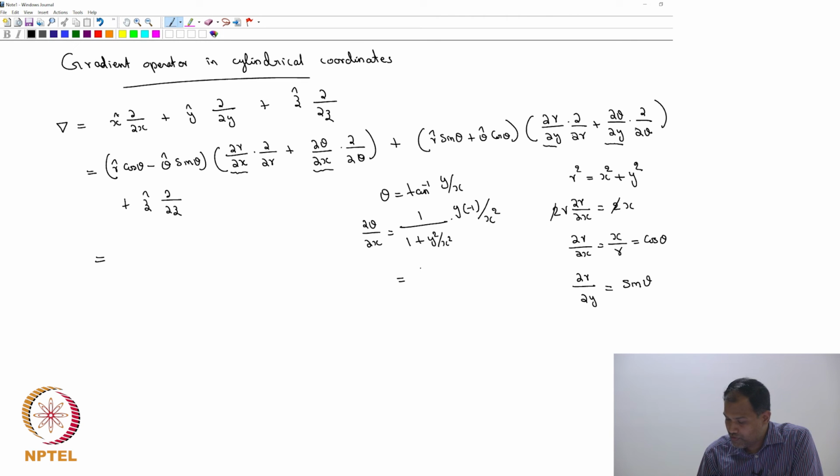So that is going to give you minus y divided by x square plus y square, or minus y divided by r square, which can be written as minus 1 by r into y by r, which is sin theta. Correct?